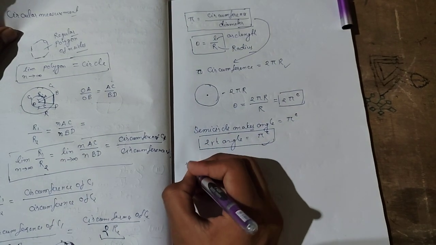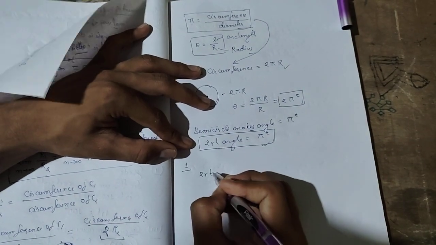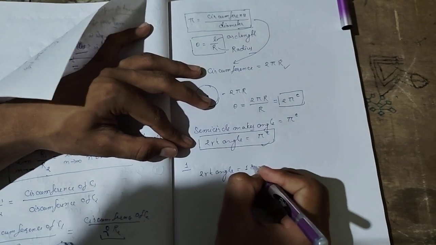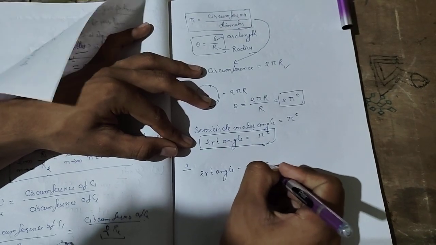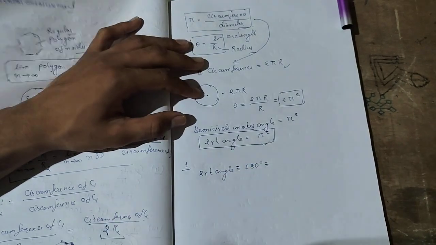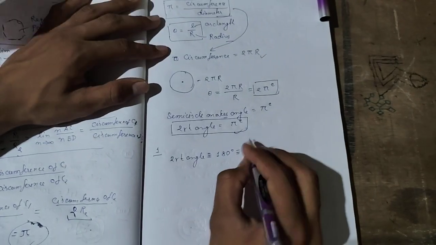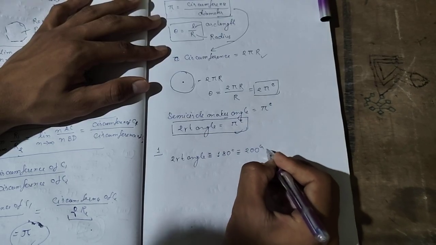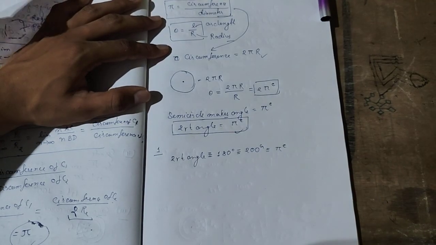So we have two right angles equal to 180 degrees, equal to, or rather we call it equivalent to, 200 grades, equivalent to pi radians.